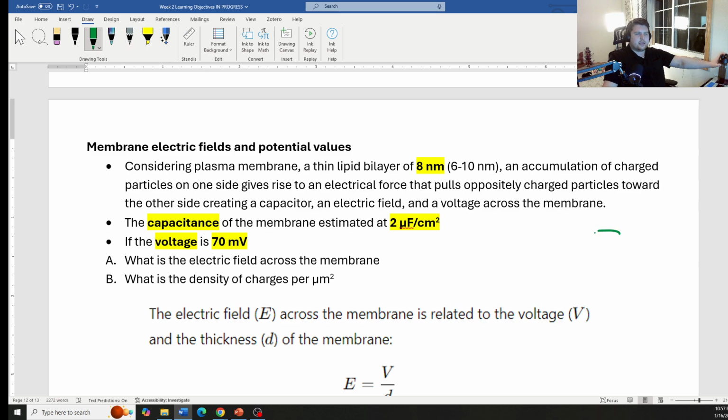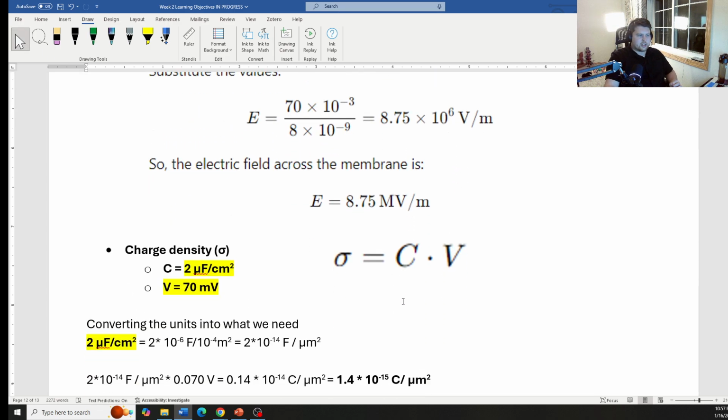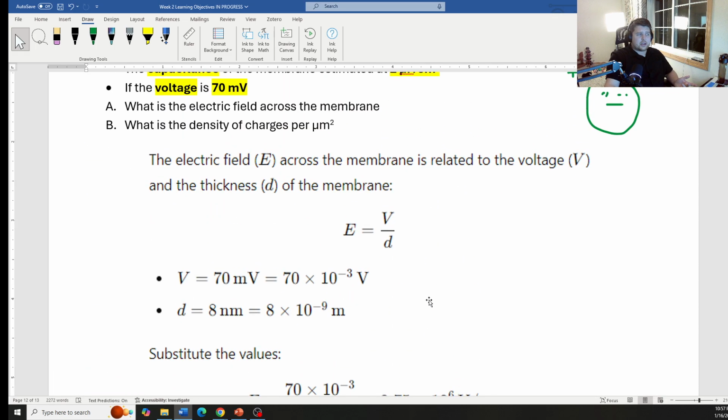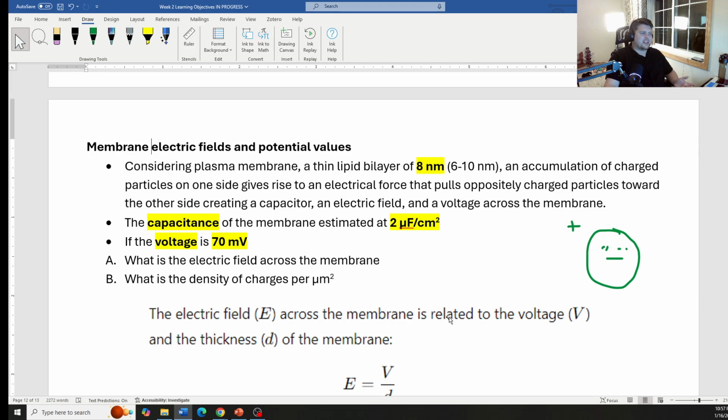There's the inside of the cell and the outside of the cell, and there's a difference in charge. Overall, the inside of the cell is much more negative. The outside of the cell is much more positive because of the ions that live there. So this whole equation type stuff is supposed to be showing that. That's its whole point. But I think it just gets a little bit confusing because of how much there is here.